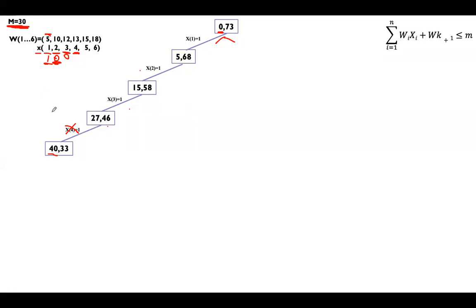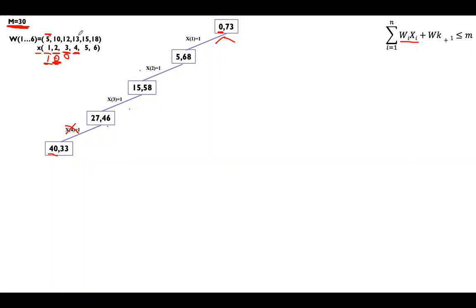So this condition you have to keep checking. Whenever you pick an element, you have to check this condition. Wi into xi is nothing but this 5, 10, 12, that is 27. This is nothing but 27 plus w of k plus 1. K plus 1 means the iteration we were at. We should not have selected this in the first place itself.